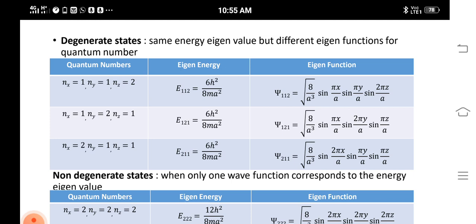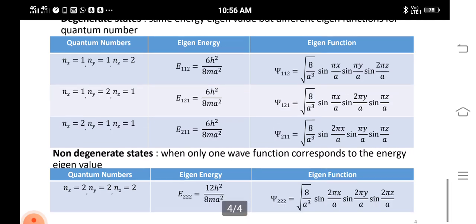Likewise, we can get psi 121 and psi 211. From this, we find that for different quantum numbers, that is 112, 121 and 211, we get the same eigen energy value but different eigenfunctions. This is called a degenerate state.